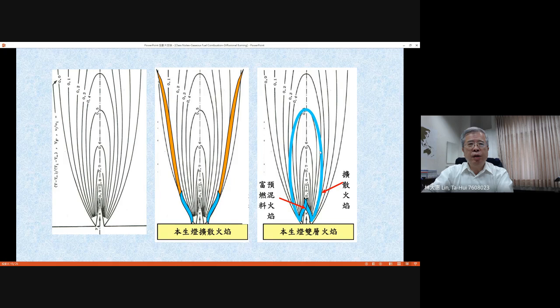But this diffusion flame we usually represent as blue, since for the rich premixed flame, you have already burned out a certain amount of fuel. You just have a small amount of fuel left in the downstream side. It does not have a chance to produce a very large amount of carbon particles downstream. Therefore, the blue flame possibly exists instead of the original yellow flame of a regular diffusion flame. And as you have a double flame, actually these two flames support each other.